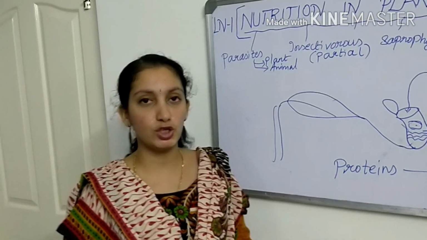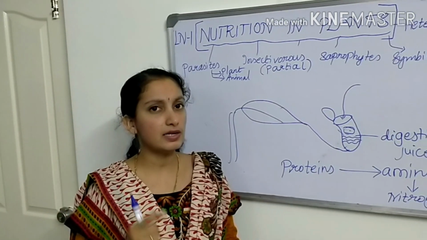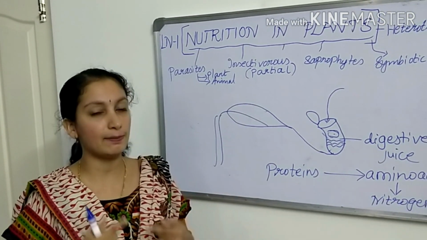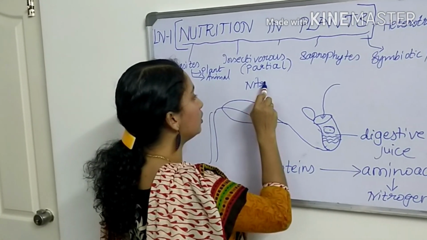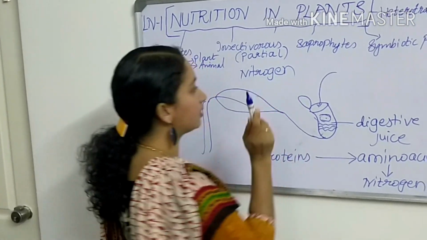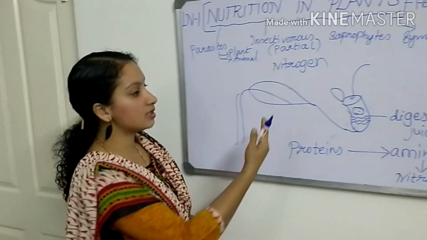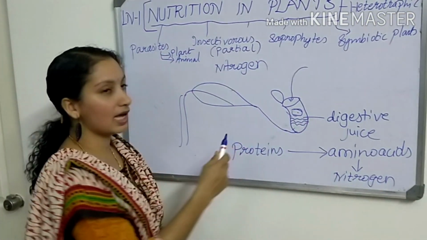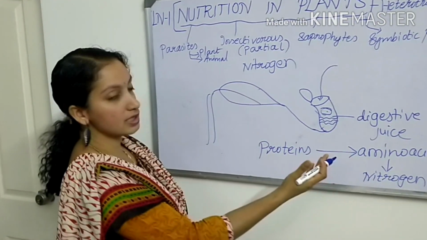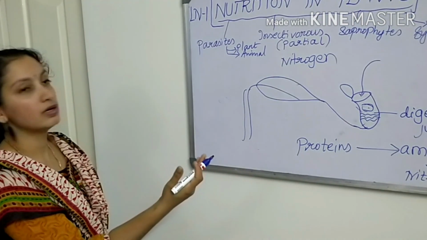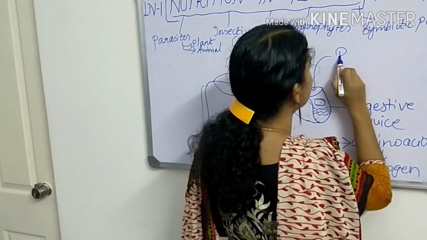It can produce food because it has chlorophyll pigment, but something is not able to be produced, that is nitrogen. So it can produce everything except nitrogen. For getting this nitrogen only, it is doing this process by trapping the insect. The plant which is performing this type of mechanism is called a pitcher plant.